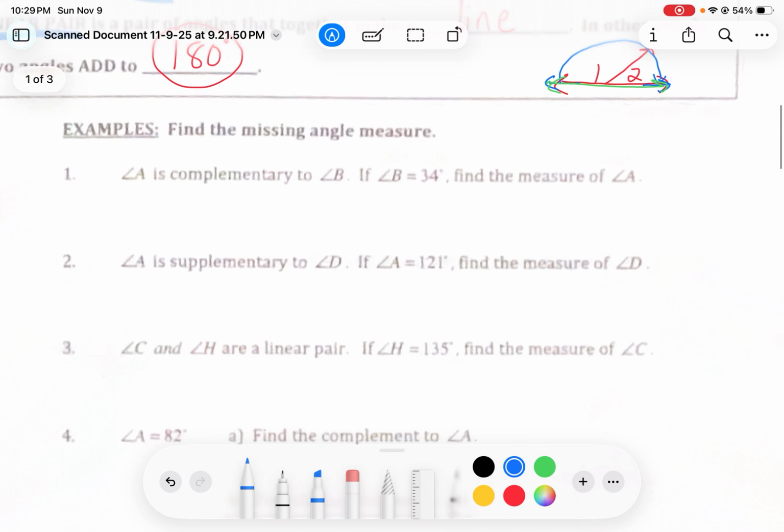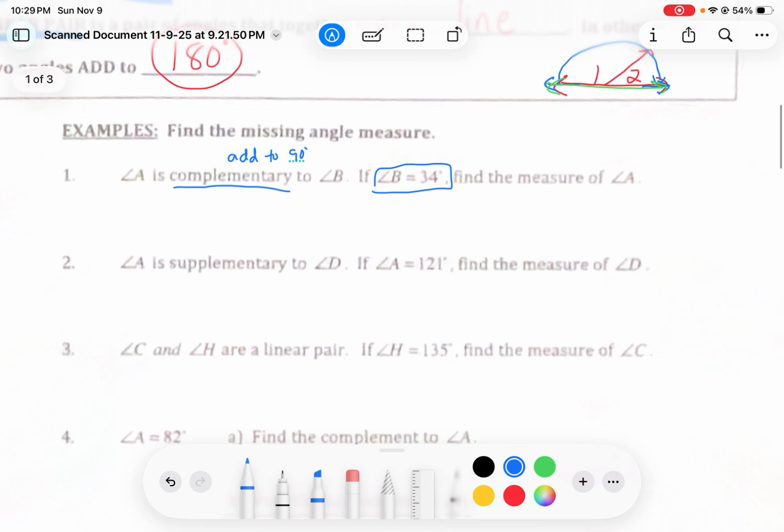All right, so here are some examples where we find different missing angle measures. So if angle A is complementary to angle B, which means that they add to 90 degrees, and they tell us that angle B is 34 degrees, we want to find out how big angle A has to be. Well, we know that angle A plus angle B equals 90 degrees.